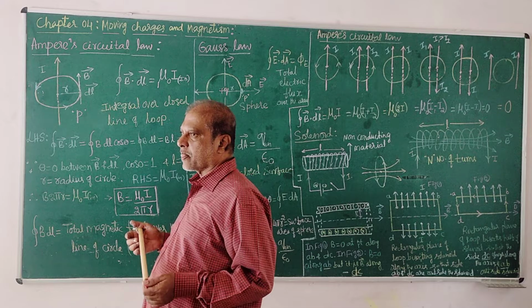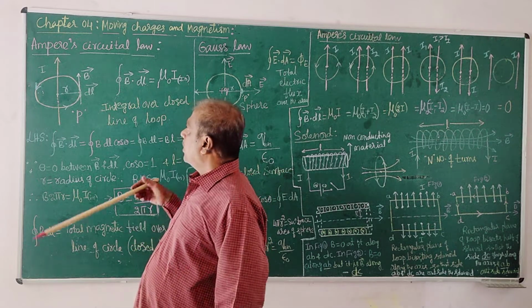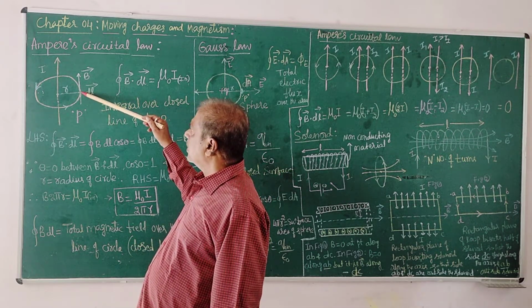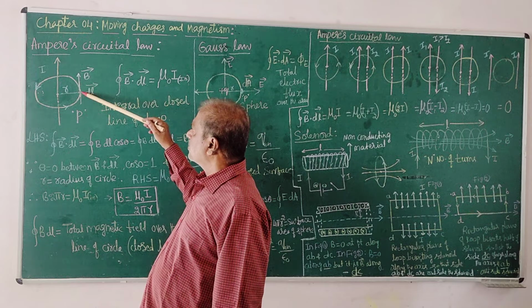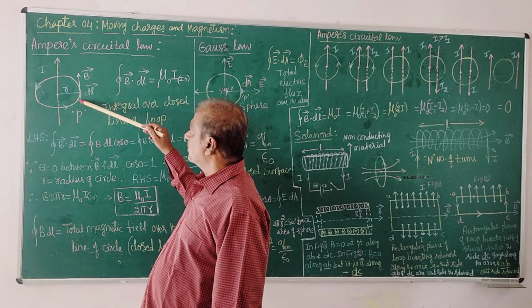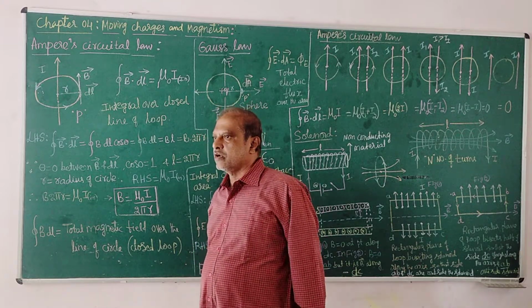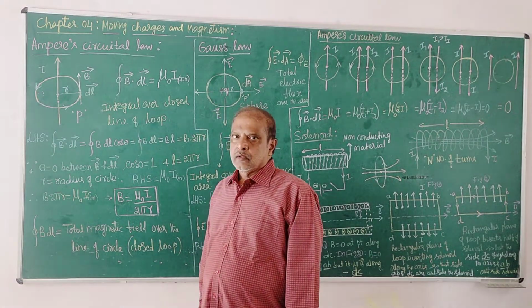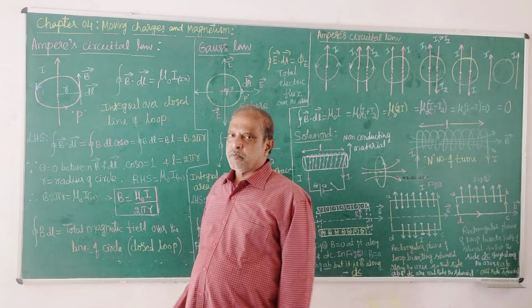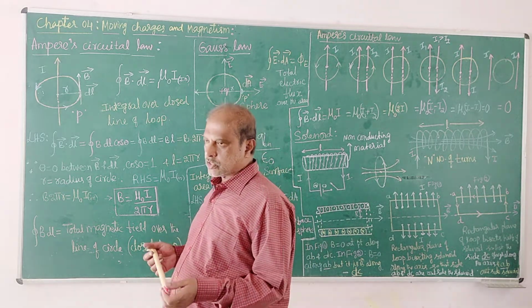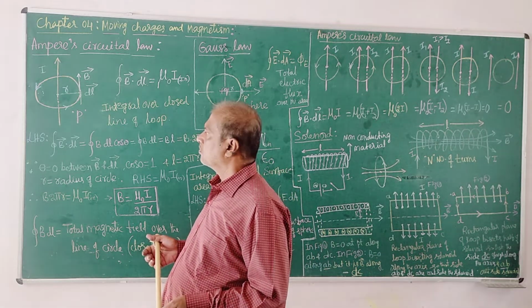Let me take any point on the circle. I am taking this point on the circle as P. At that point, two vectors are operating. What are those vectors?